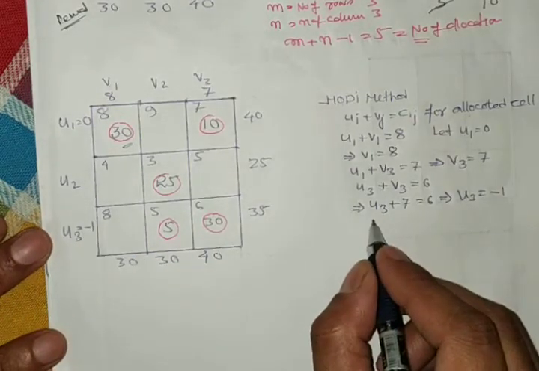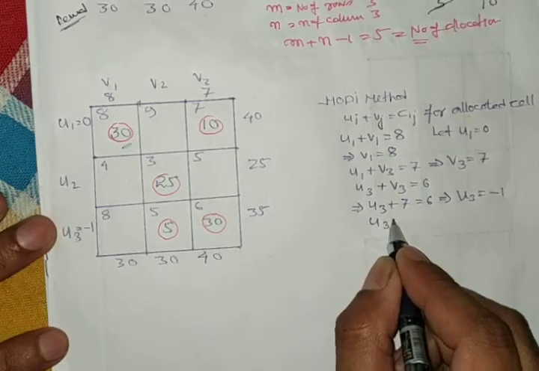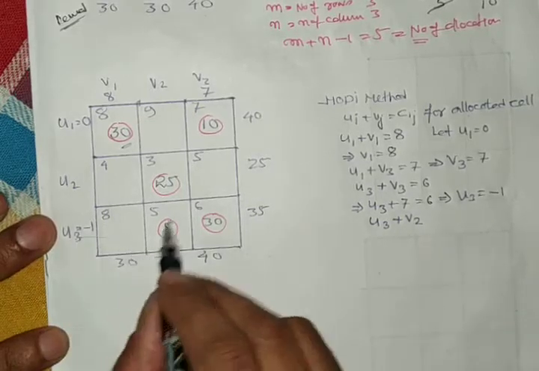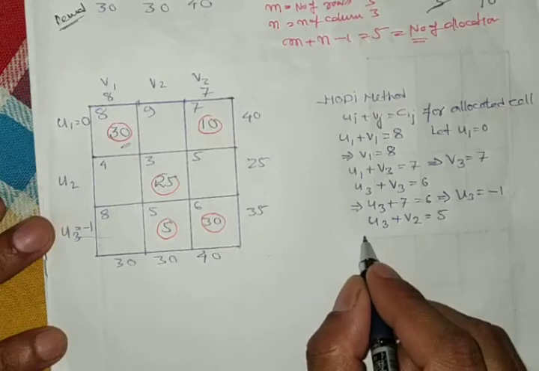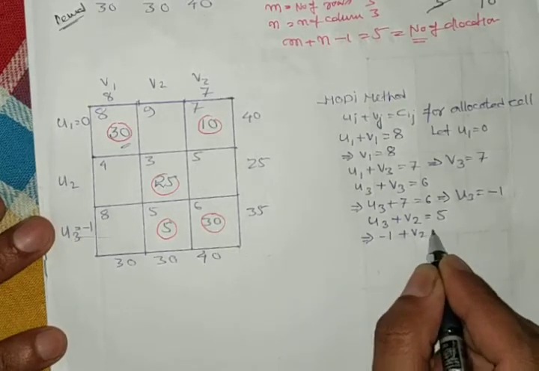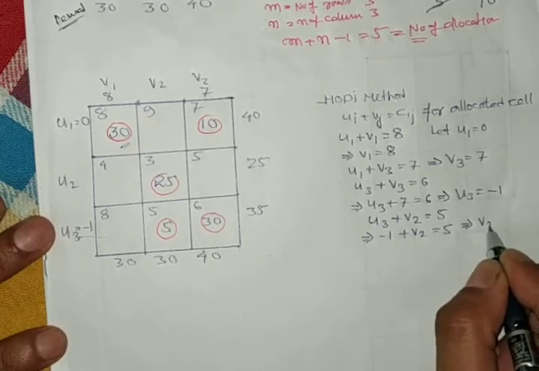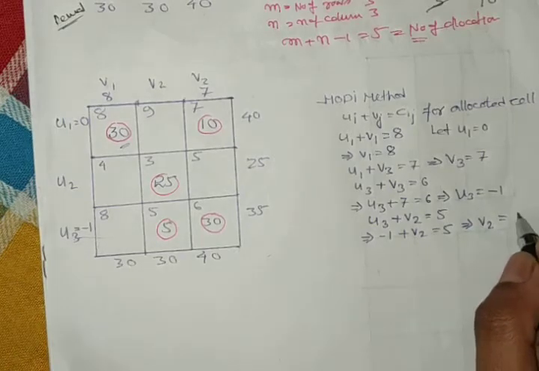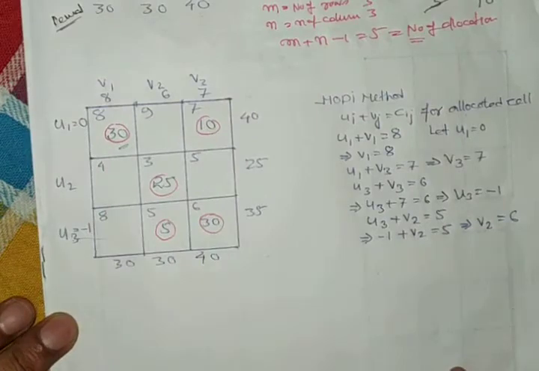Similarly, we can find out U3 plus V2, which is equal to 5. So U3 is minus 1 plus V2 is equal to 5, so V2 will be 6. So V2 is 6.